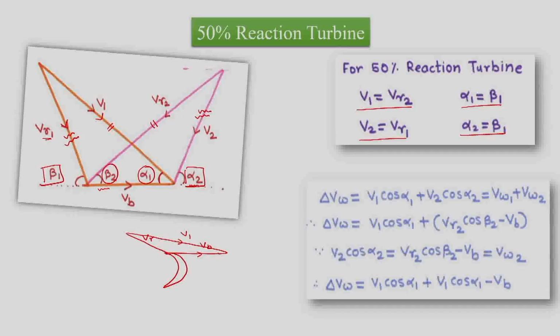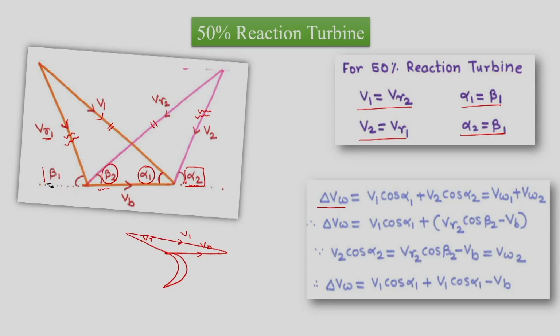Having said this, we can draw the velocity triangles for the 50% reaction turbine and write down the formulas as we did in the earlier case. Here delta VW is the change in velocity in the tangential direction.